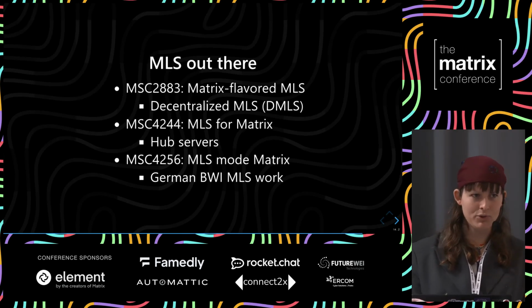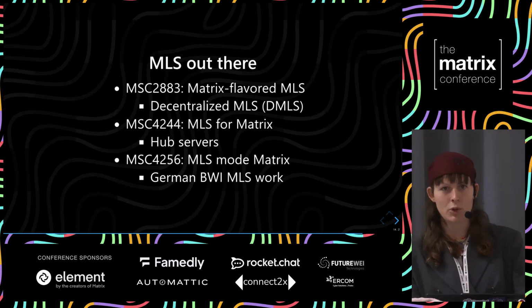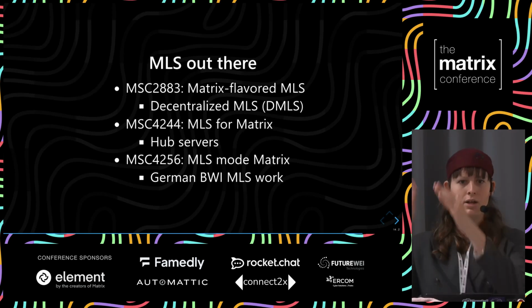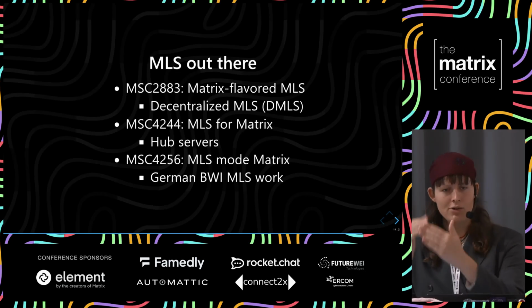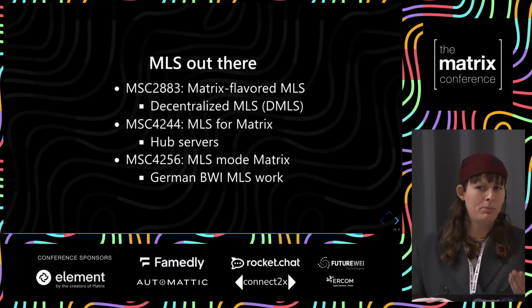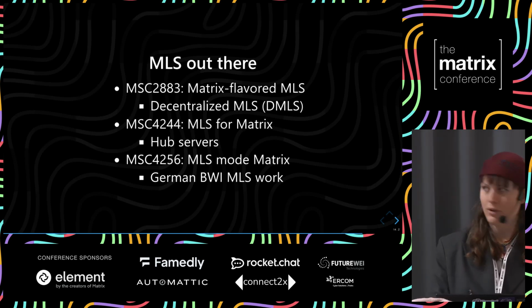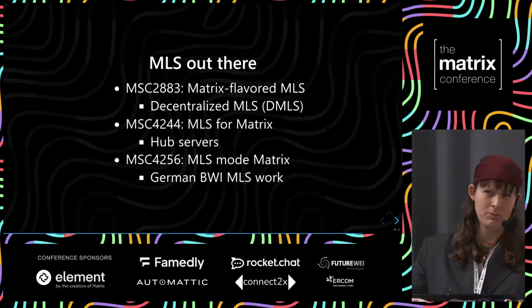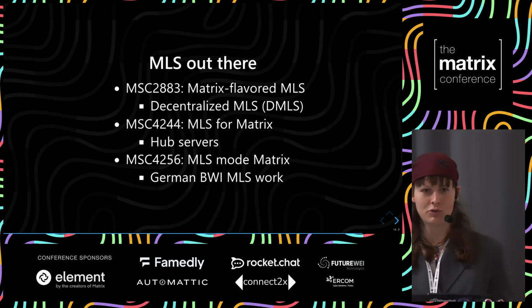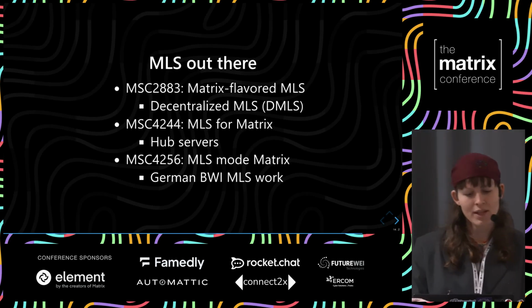And the hub servers introduced with MLS for Matrix take care of a unified linear sequence of epochs, which was opposing the spirit of what we expect in Matrix. So the first approach was rejected by the MLS people, because they don't want to adopt just for Matrix. The second approach was rejected by Matrix because we don't want centralization.